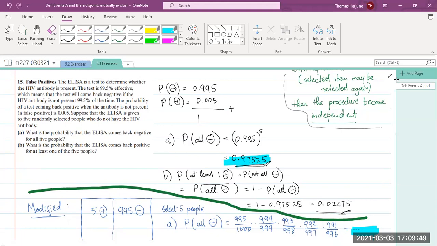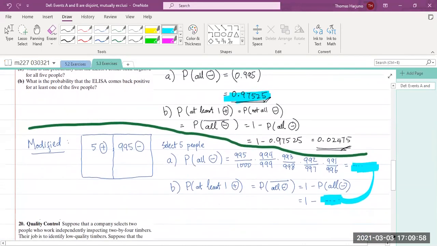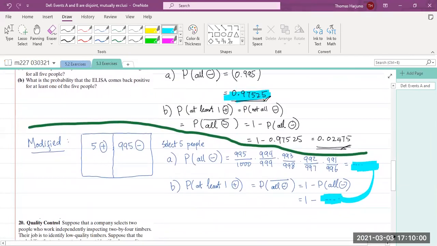They just say there's 0.995 out of so many people. That's different from if we know how many people there are and we select only from that group.